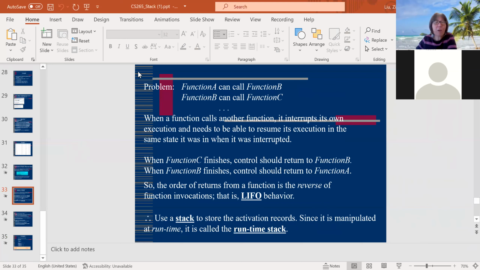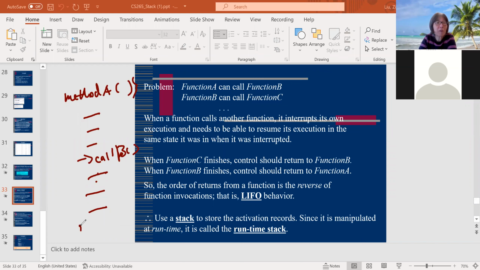And just think about your program. You call method A, method A calls method B, then method B also calls method C. But when method A calls method B, it has not finished its execution, it's just halfway somewhere within the function. So here you call method A, you have statements, and over here you call B, and then you have more statements.